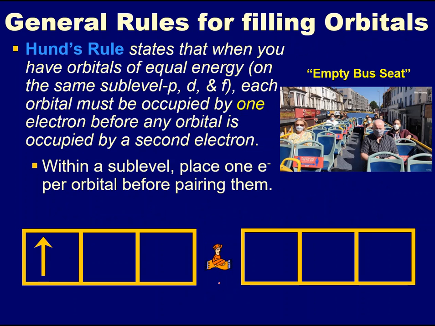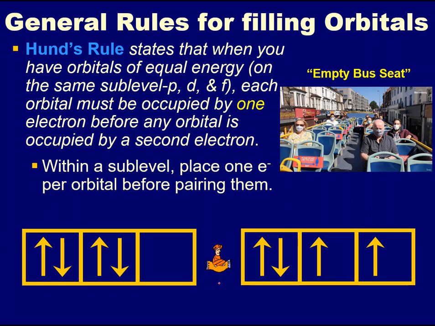Hund's rule states that when you have orbitals of equal energy on the same sublevel, like the P, D, and F, how we had those boxes in a row, where there were 3 boxes for the P, 5 boxes for the D, and 7 boxes for the F. Those are equal energy orbitals because they all are in the same energy part of the diagram.